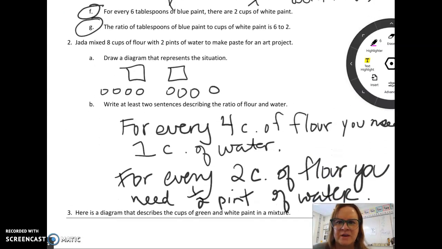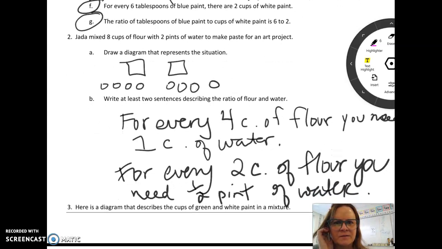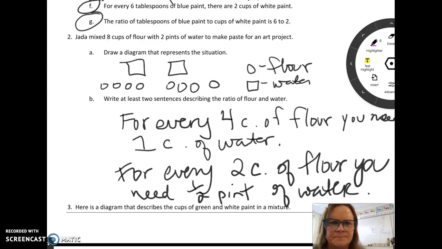And the next one we have Jada mixing 8 cups of flour with 2 pints of water to make a paste for an art project. So I drew this diagram, and the circle represents the flour and the square represents the water. I have to write 2 sentences describing this. So I said that for every 4 cups of flour, do you see how I kind of divided up that diagram?